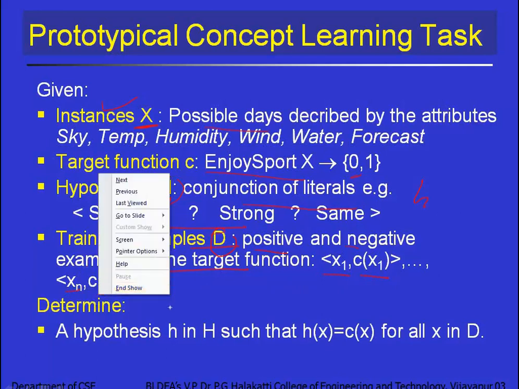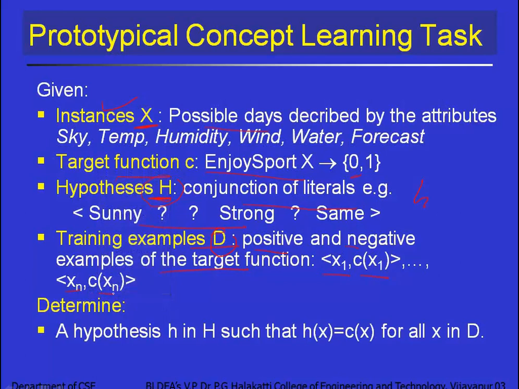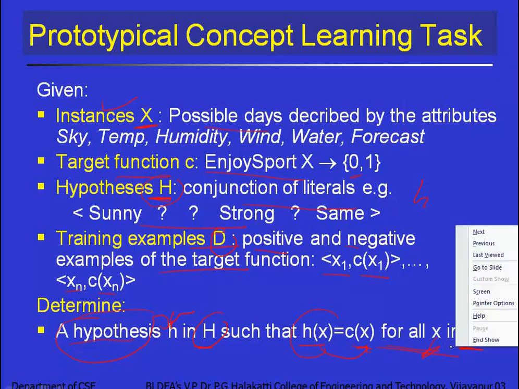Each instance is associated with a target value, that is either 0 or 1, or you can say positive or negative, yes or no. The task is to determine a hypothesis h in H such that h of x is equal to C of x for all x in D. That is, we need to find the hypothesis h which belongs to the collection of hypotheses H such that h of x is equal to C of x for all instances x in D, where D is a collection of training examples. Thank you.